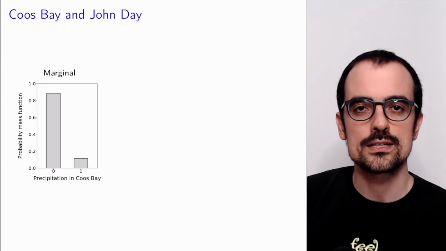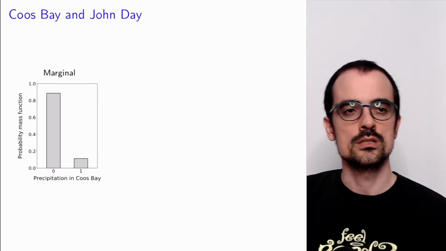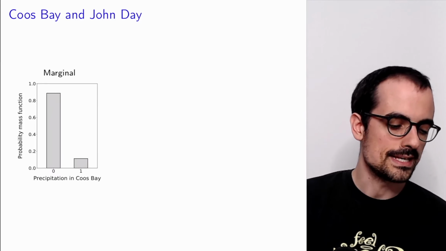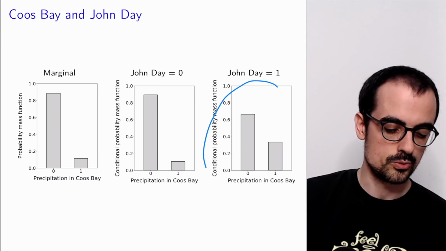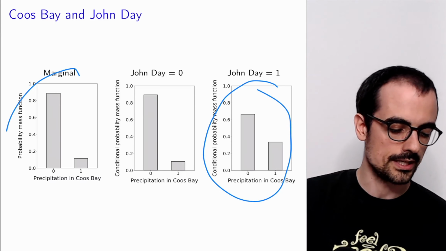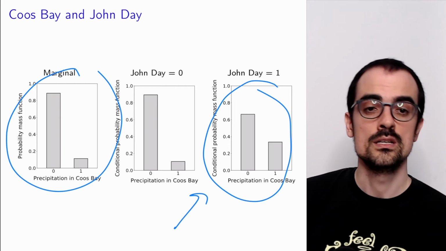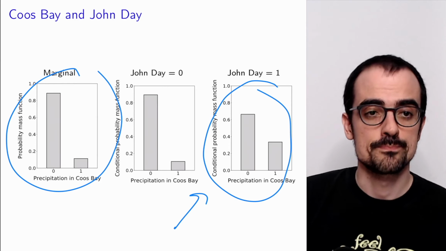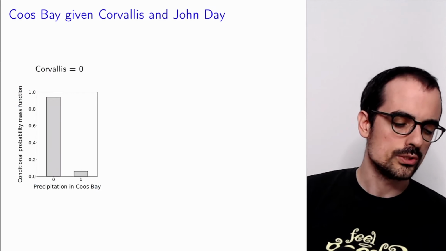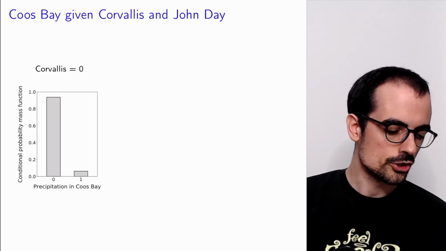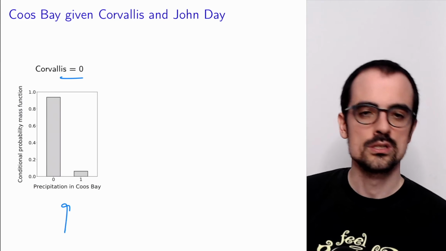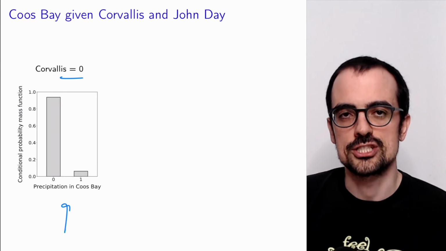Okay, so now let's go back to these three stations in Oregon. We're going to see that Coos Bay and John Day are not independent because you can see a pretty big difference between the marginal here and what happens when it rains in John Day. But now we're also going to condition on Corvallis. If we just condition on Corvallis not raining, this is the conditional distribution of precipitation in Coos Bay.